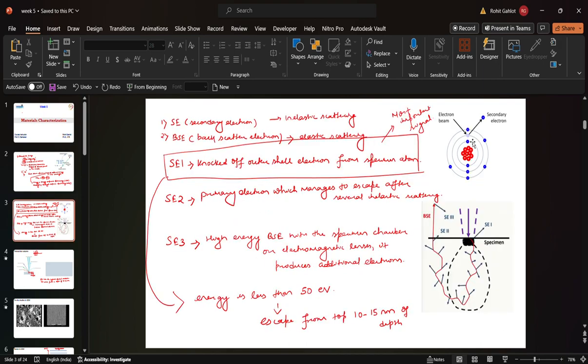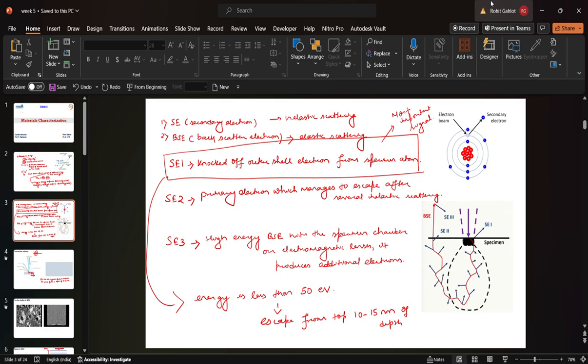Further, if we go deeper, we see that secondary electrons are generally due to inelastic scattering. This has also been discussed in this week's lecture. If you want detailed knowledge, you should watch the lectures.